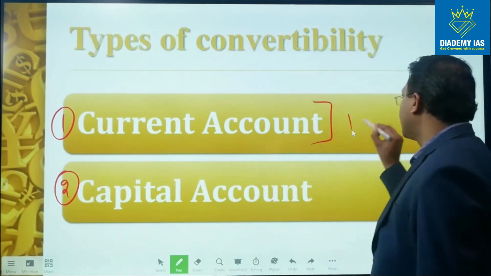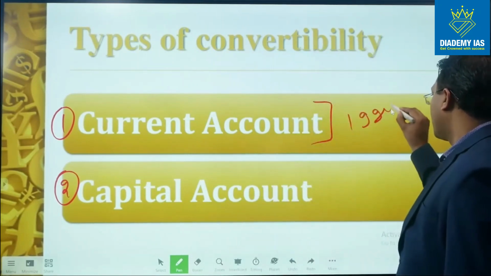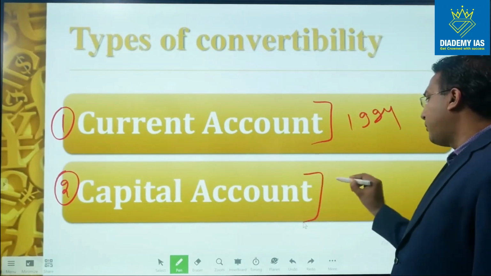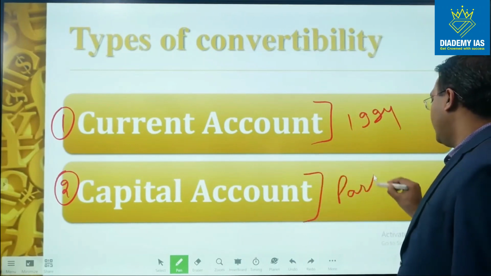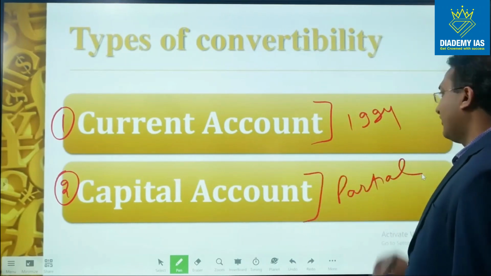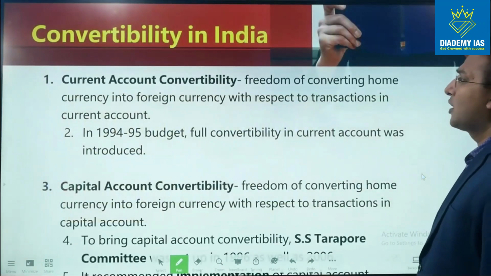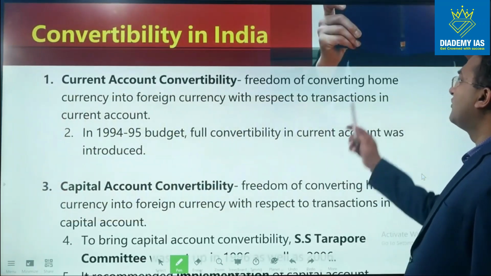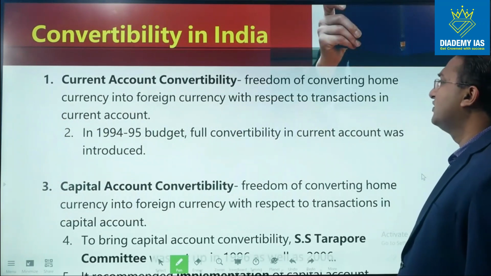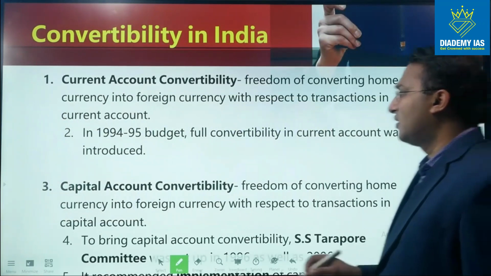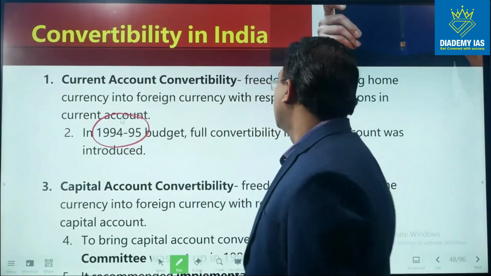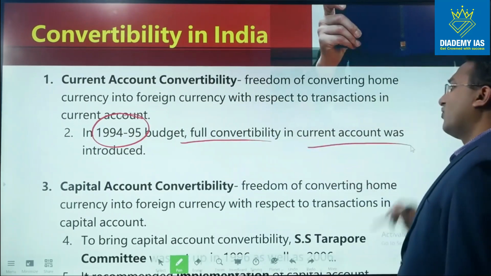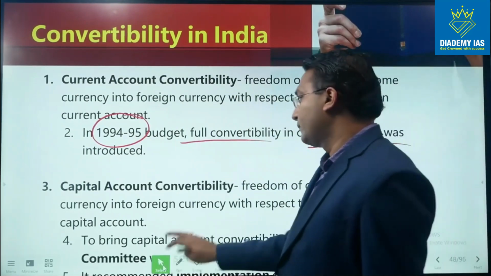In India we have had this convertibility since 1994. In India we have partial capital account convertibility, so we don't have full capital account convertibility. Current account convertibility means the freedom of converting home currency into foreign currency with respect to transactions in the current account. In 94-95, full convertibility in the current account was introduced.